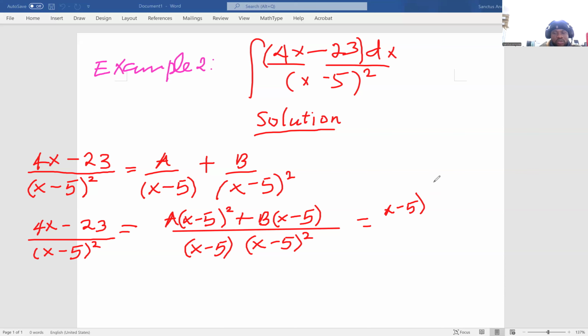We factor out what is common. Then we have A bracket x minus 5, then plus B. This looks very nice.